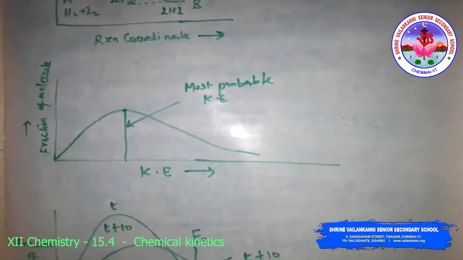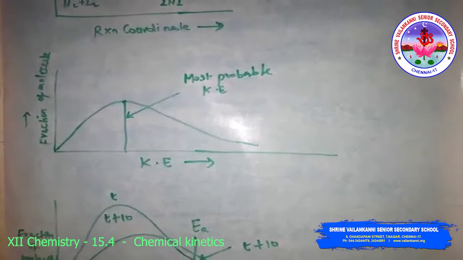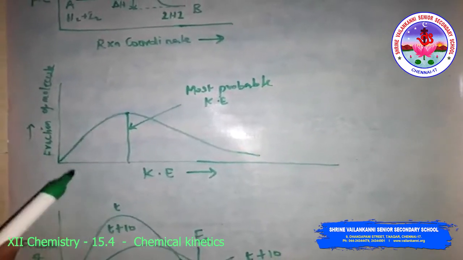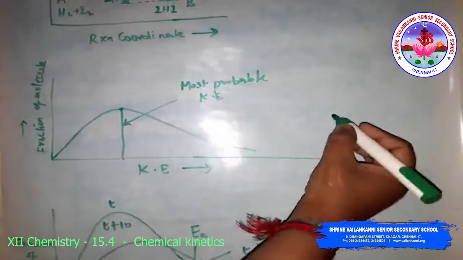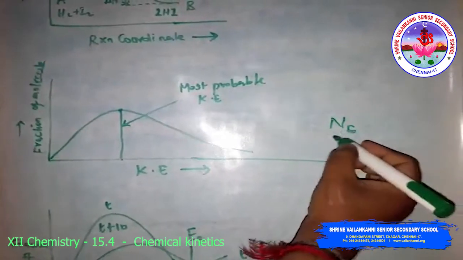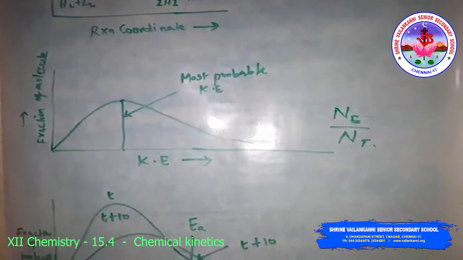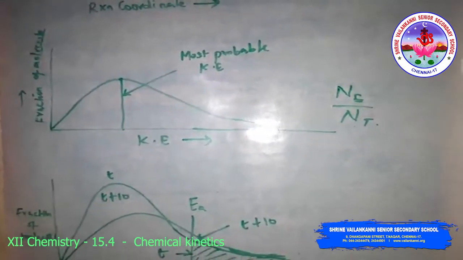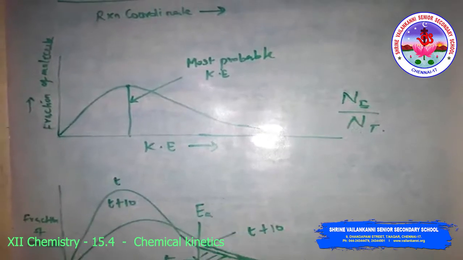According to them, the distribution of kinetic energy may be described by plotting the fraction of molecules versus kinetic energy, that is, the fraction of molecules Ne/Nt. Here Ne is the number of molecules with energy E, and Nt is the total number of molecules.